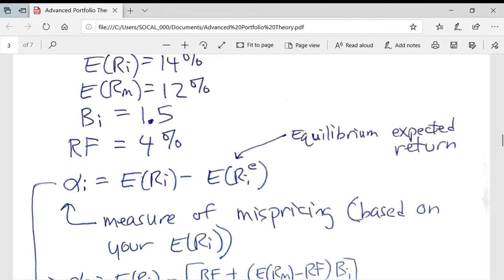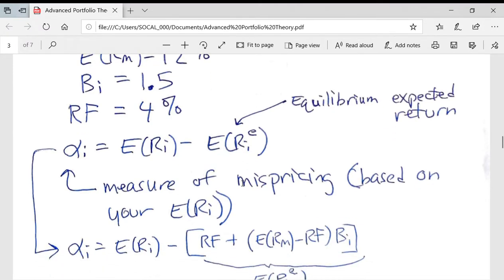Alpha is defined as the expected return on the security minus the equilibrium expected return on the security, like the return predicted by the capital asset pricing model. Alpha is a measure of mispricing. And this term right here is your own expectation for the stock's return over some upcoming period. You may have got that information by looking at one analyst or averaging information presented by multiple analysts.